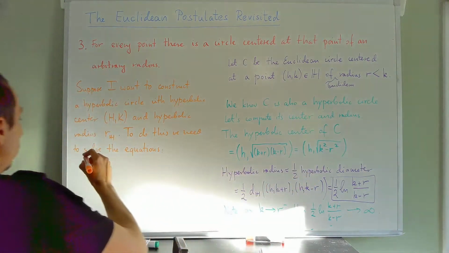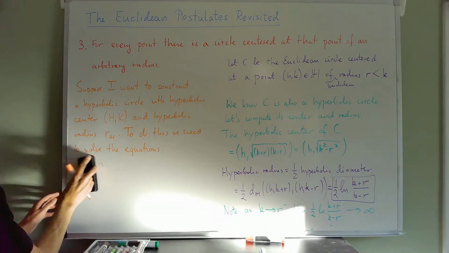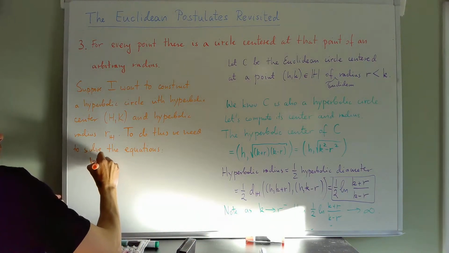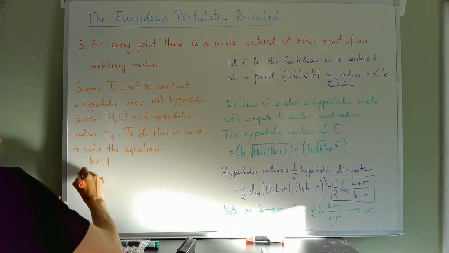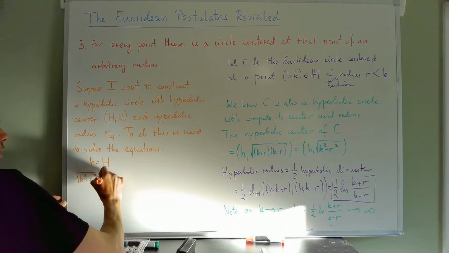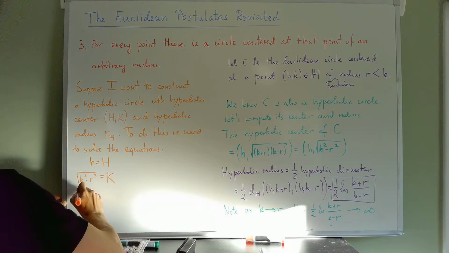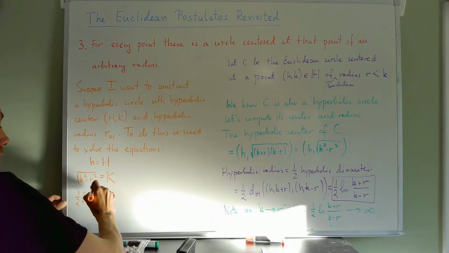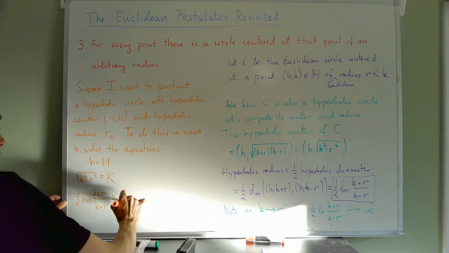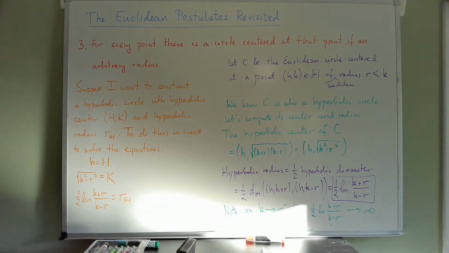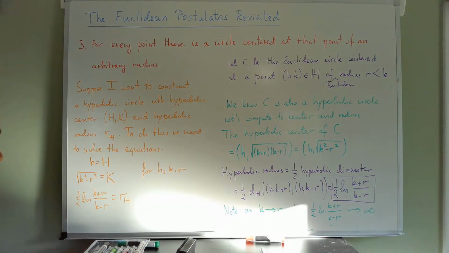The first equation is little h equals capital H. This is essentially nothing, there's nothing to do. Then the square root of k squared minus r squared should be equal to capital K. And finally the radius, one half natural log of (k plus r) over (k minus r), should be equal to R_H. So these are the equations for h, k, r.